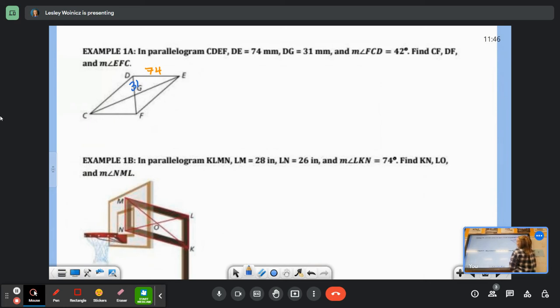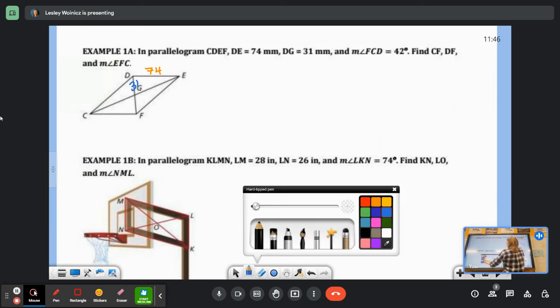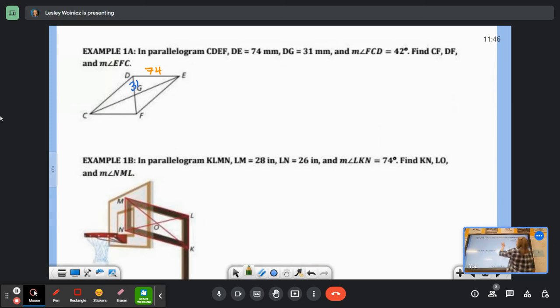And the measure of angle FCD is 42 degrees. So we have to find CF, DF, and the measure of angle EFC. CF is 74. Okay, so CF is also 74, I agree.